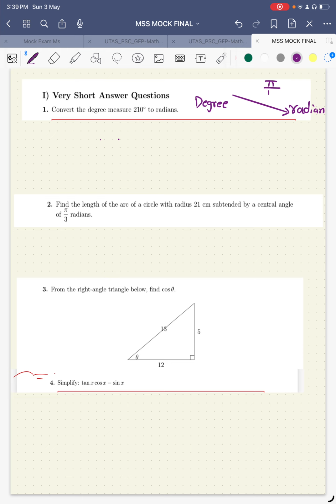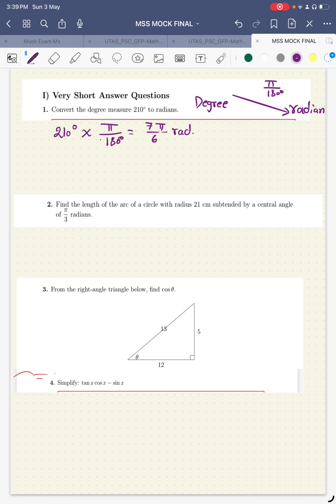Pi over 180 degrees, which means I'm gonna have 210 degrees times pi over 180 degrees, which, if I use the calculator, is gonna give me 7 pi over 6, and I should write the unit.